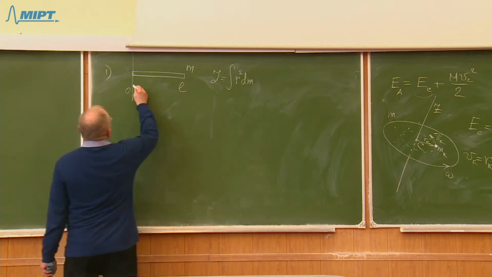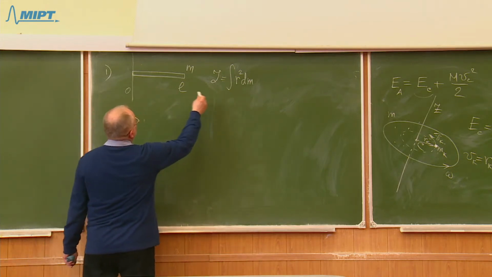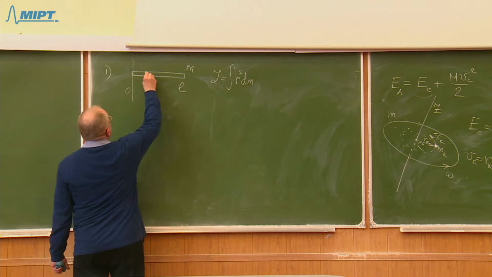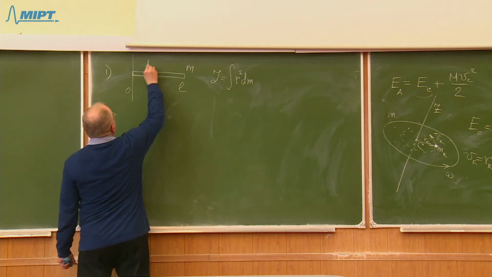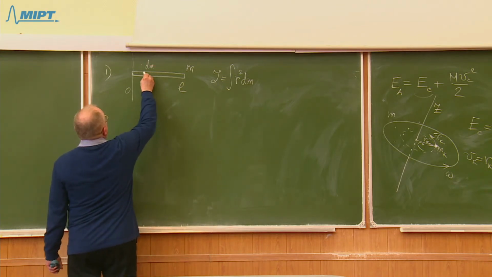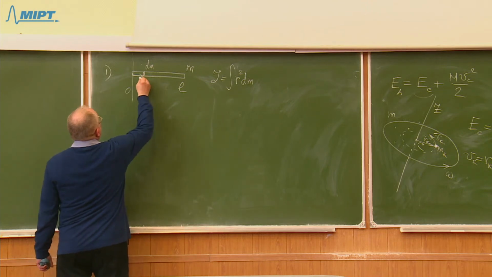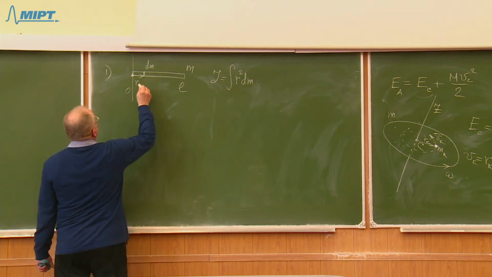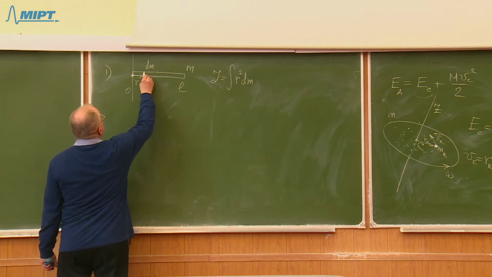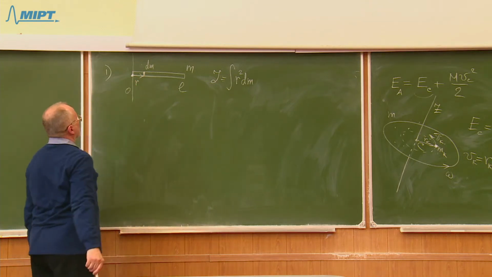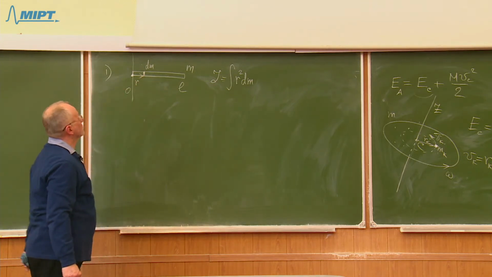What is r? We take a small mass dm here, and r is the distance of this element dm from the axis of rotation.